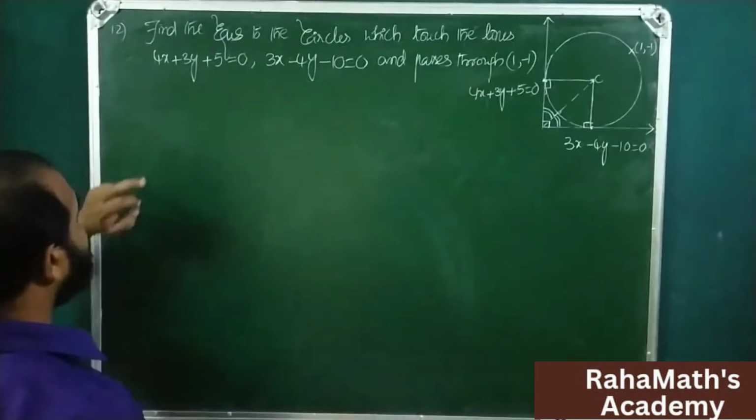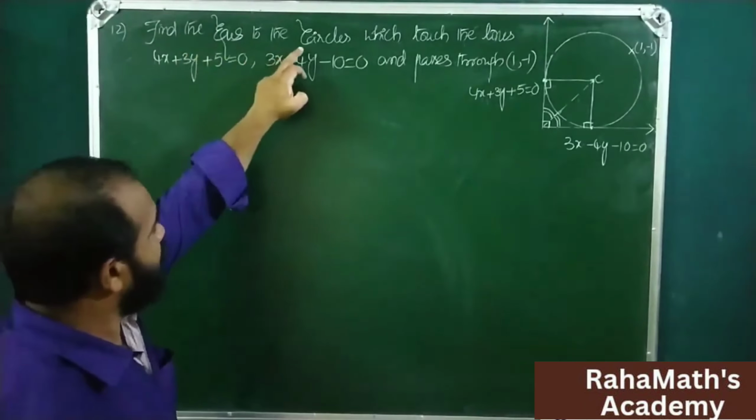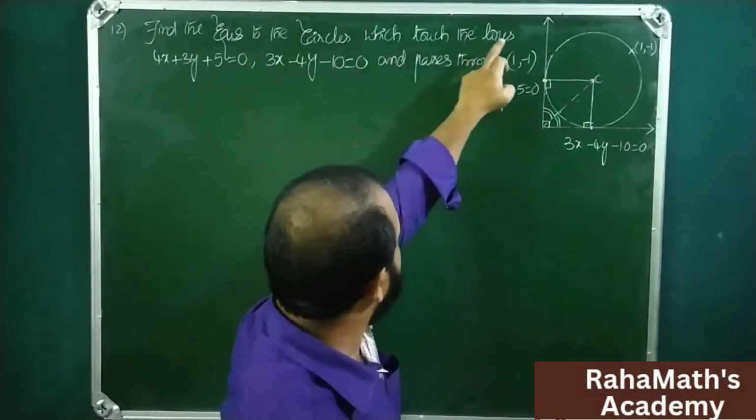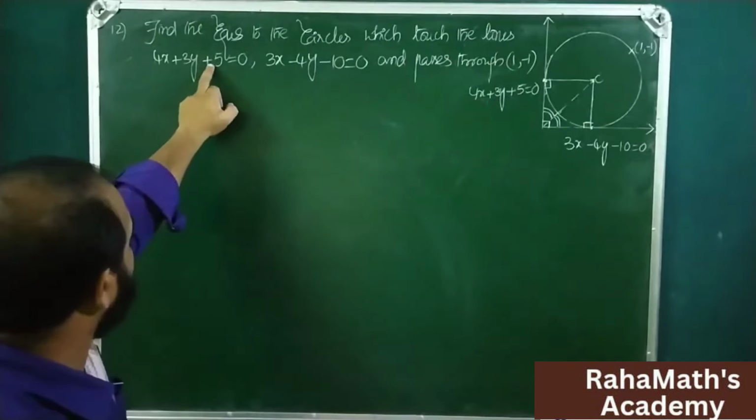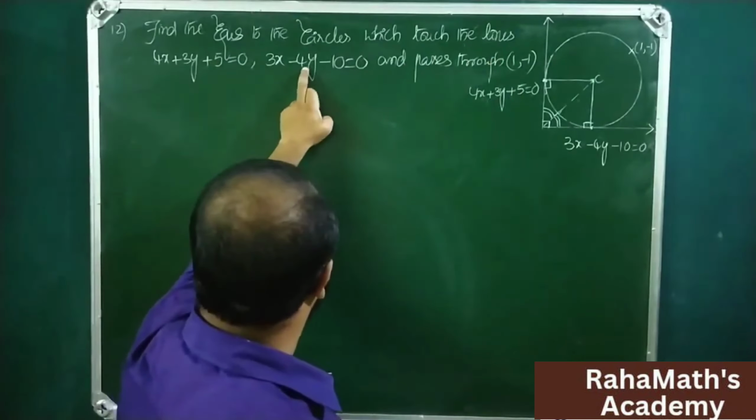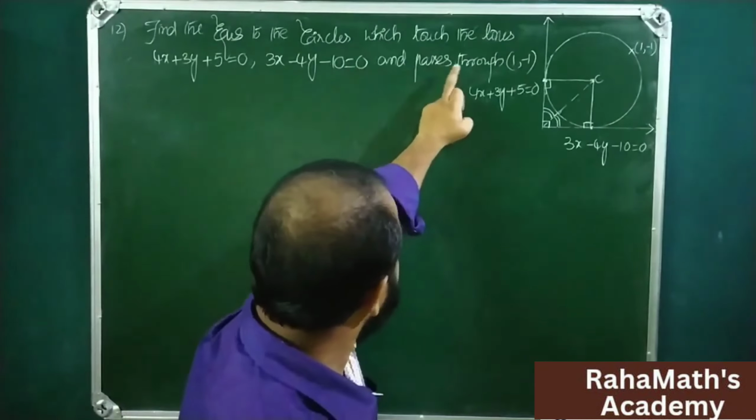So the next question is, find the equations of the circles which touch the lines 4x plus 3y plus 5 equals 0, 3x minus 4y minus 10 equals 0, and pass through 1 comma minus 1.